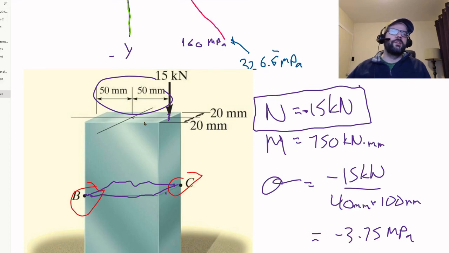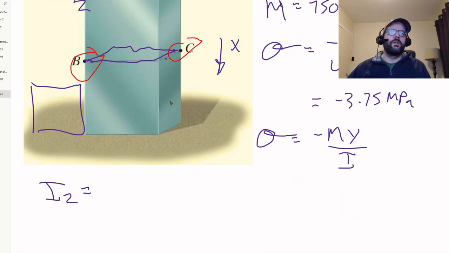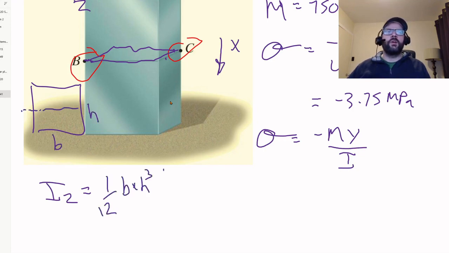So let's call that the z-axis. Let's call this the x-axis in this direction. Let's call this the y-axis. So our Iz here is always 1 over 12 base times height cubed, but that's when we are rotating about an axis like this.